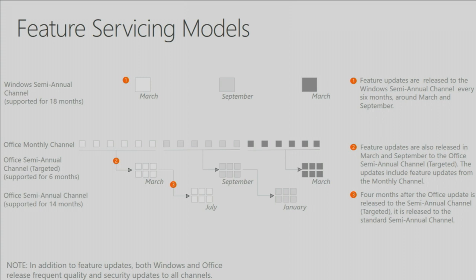Within the Office space, we'll still have that monthly channel. You'll notice in the release this month, 1709, that Office actually just released in what was called FRDC, or First Release Deferred. You'll actually see the name change starting to hit. You'll see semi-annual targeted as the release name instead of FRDC.